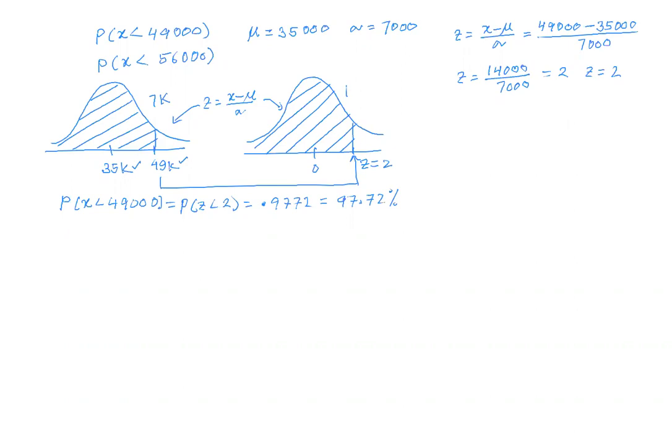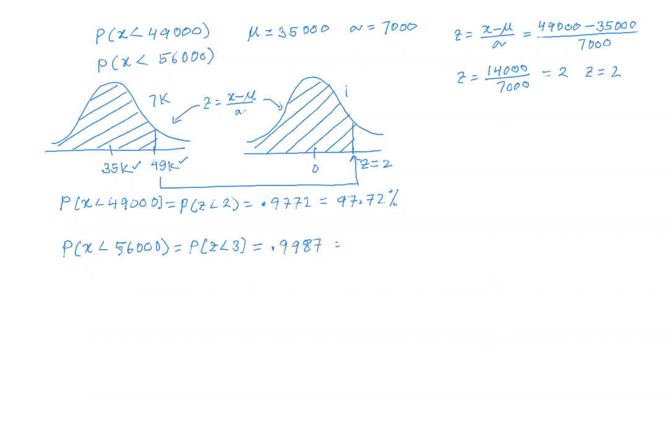And the second one is exactly the same. I'm not going to draw that whole thing again. I'm just going to write it out. 56,000. If you convert it into a z-score, you're going to see that z is 3, probability of z less than 3, which, if you look at the table, 3 gives you 0.9987.